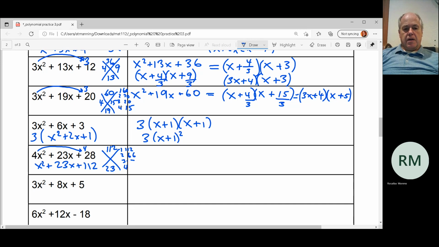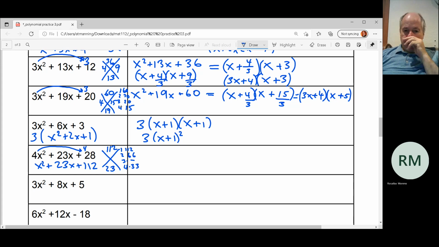4 times, well, 4 times 33. Is that right? That's 2 times 33. There's not a factor of 5. 6 times, well, am I getting anything that when added together gives me 23?